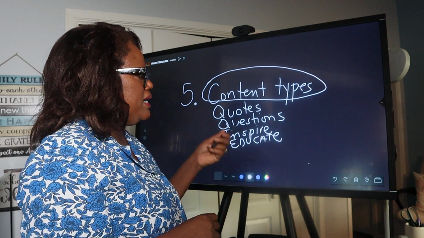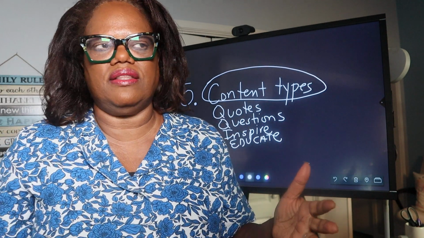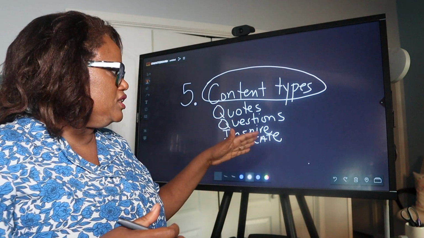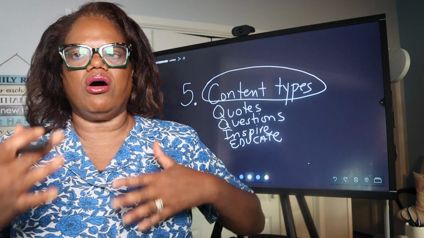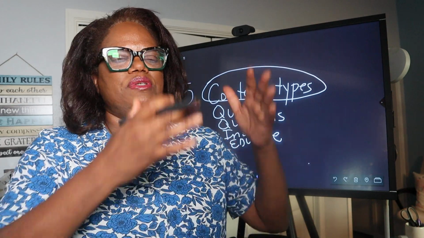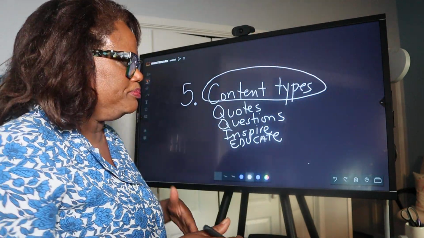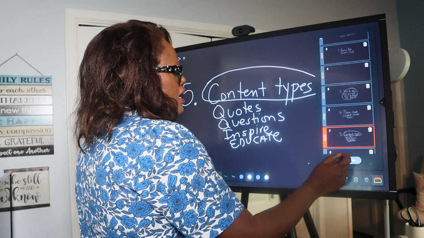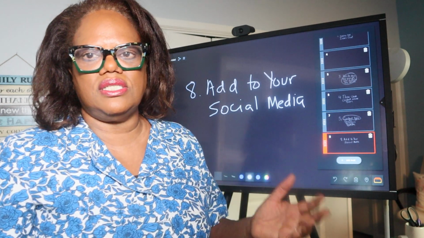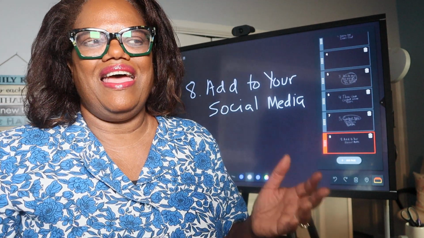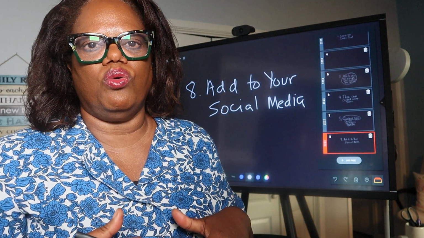So the content types can be quotes. You can put quotes out there on your social media. Questions, you want to inspire, you can educate. All of these are your content types for all of your marketing platforms. Now you just add it to your social media, and this is how you're going to grow your audience.